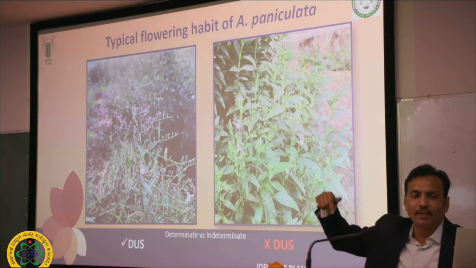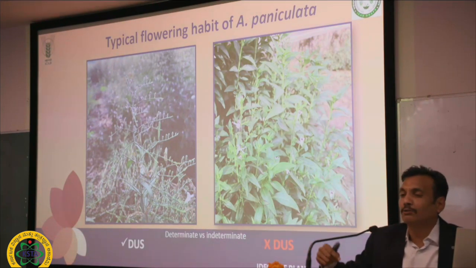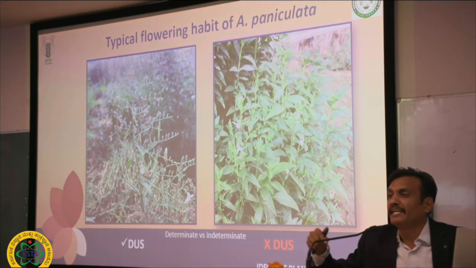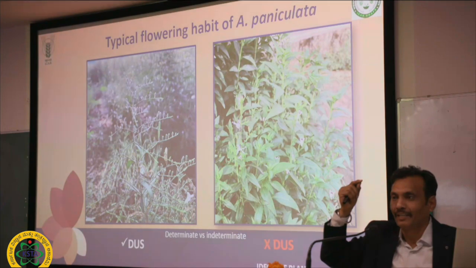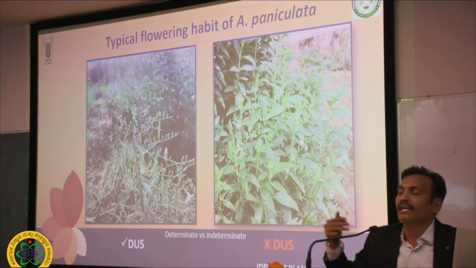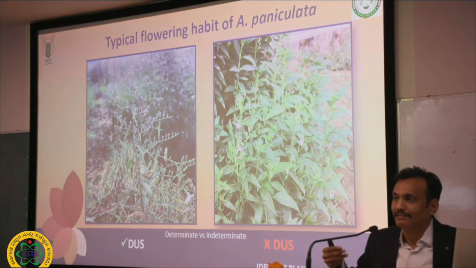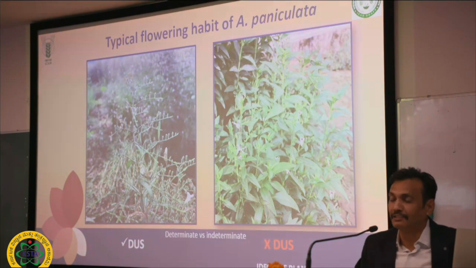But in this crop, it behaves like an indeterminate plant. Flowers come on the axillary bud, not on the apical tip. So this results in a kind of stay green plant. This continues to produce newer leaves till 150 days, 160 days, or even 180 days.